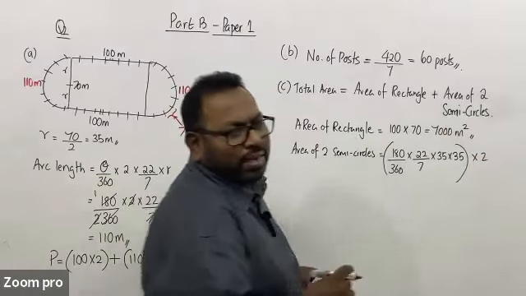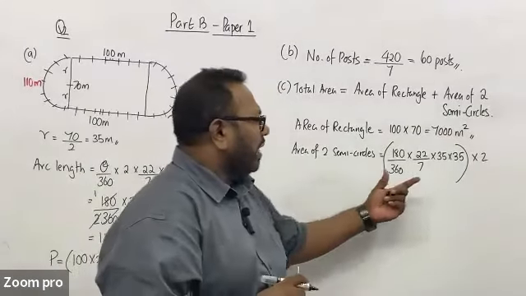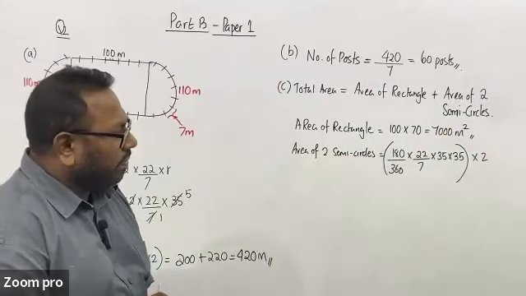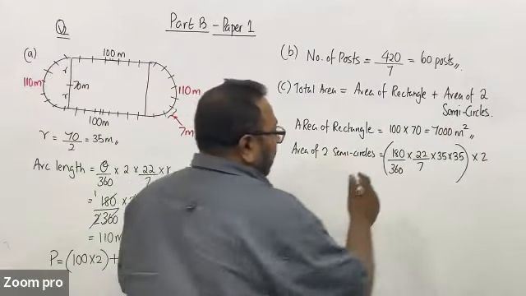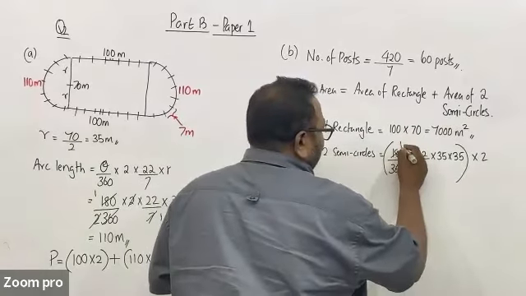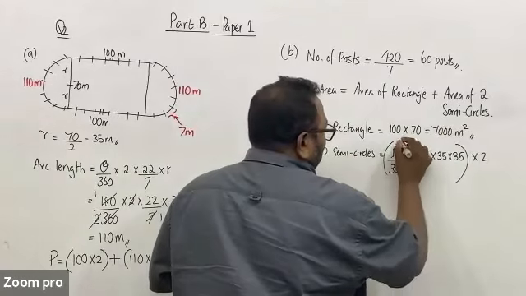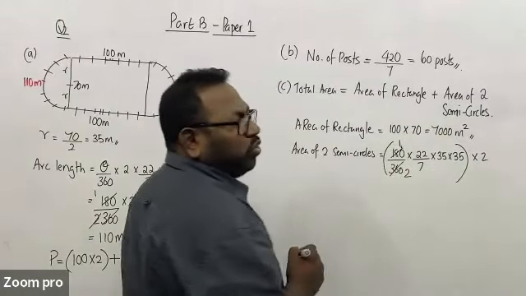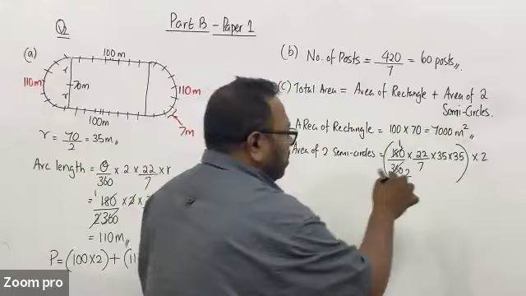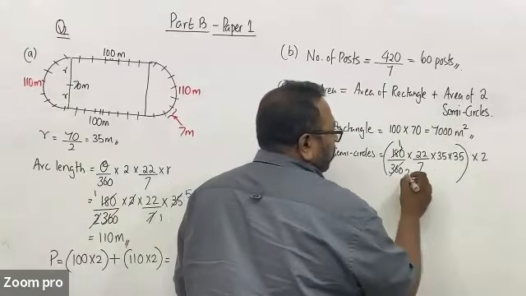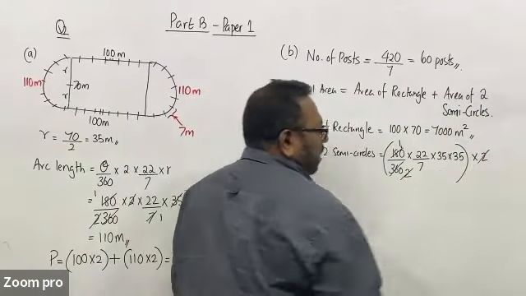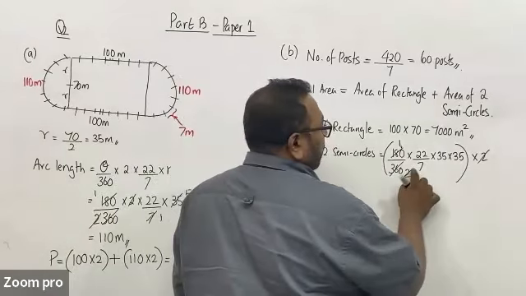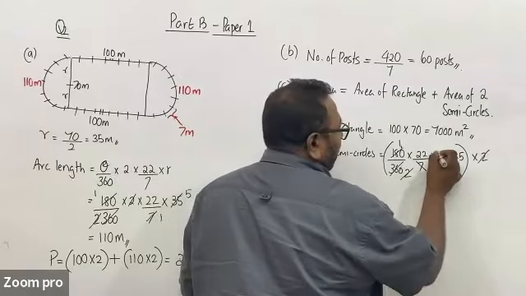Why am I multiplying it by 2? Because I want to find the area of two semicircles. So simplify here. 180 divided by 180 is 1. 360 divided by 180 is 2. Straight away I can take this 2 and this 2 and cancel out.